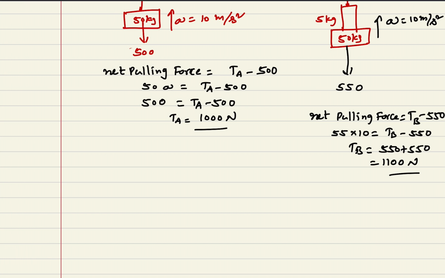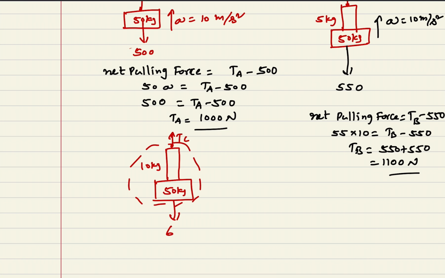Similarly, if I take the third mass, this is 50 kg, and we can see that a 10 kg string is there, and point C is acting in the upward direction. In the downward direction, the entire weight, 600, will be acting. A is equal to 10 meter per second square.